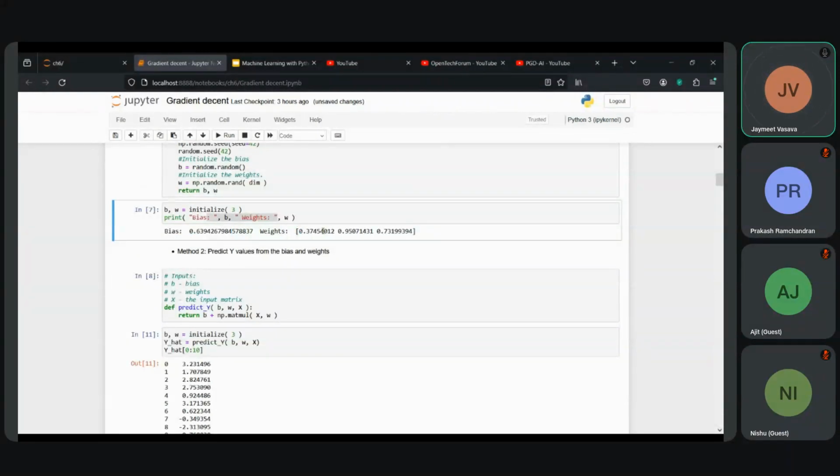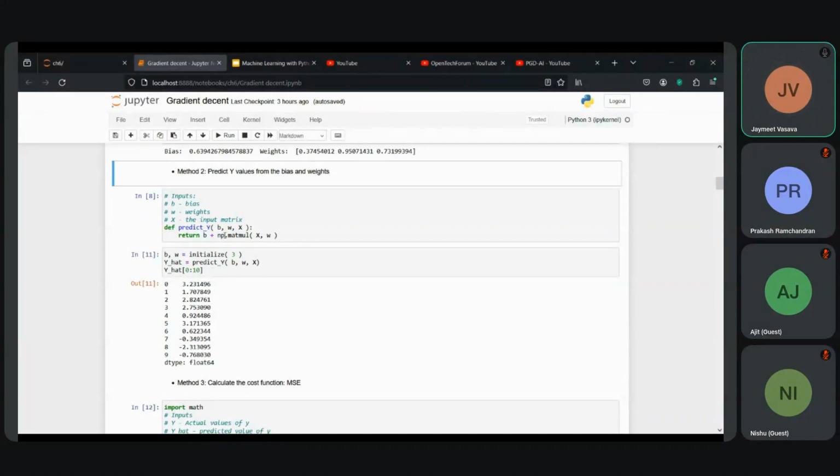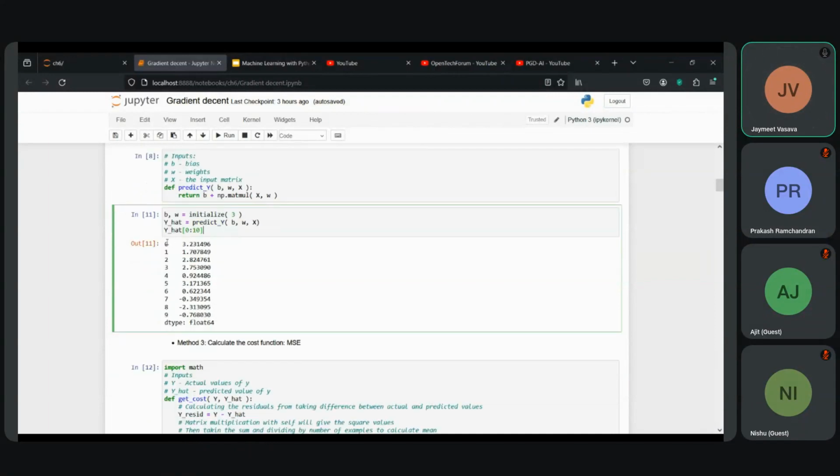The weights are in order of TV, radio, and newspaper. Then method 2 was to predict the Y values from the bias and the weights. And we used the matrix multiplication over here. And when we initialize the values of it and got the top 10 values, this is what we got.